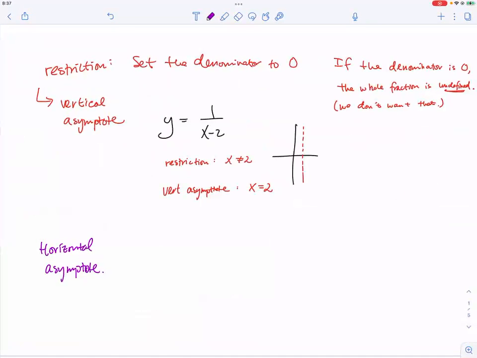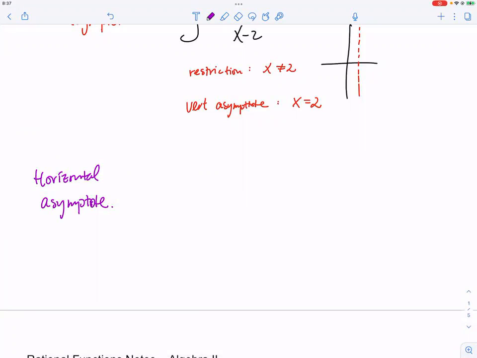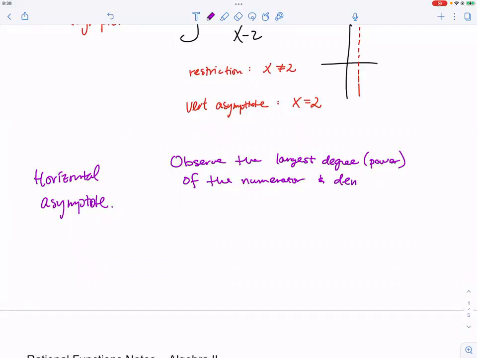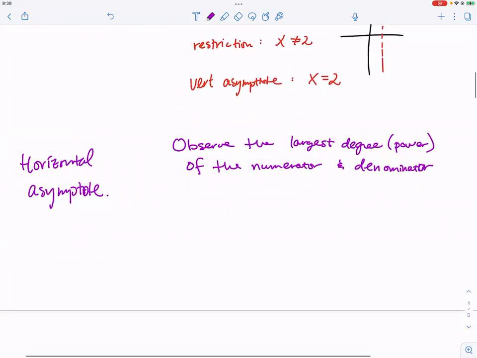For horizontal asymptote, what to do is observe the largest degree or power of the numerator and denominator. Go ahead, observe the largest degree of power of the numerator and denominator.